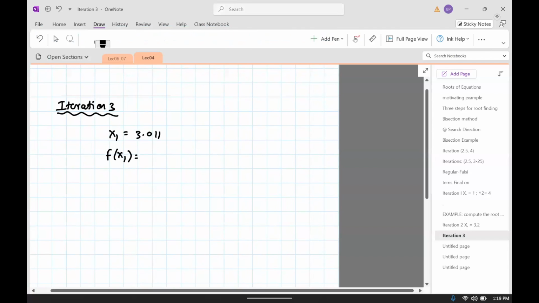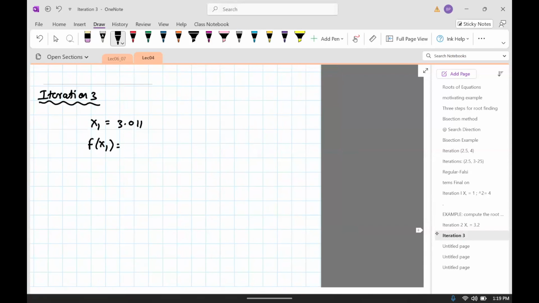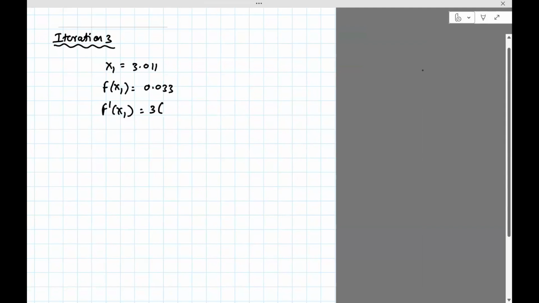From the previous page, it is 0.033. So I'm just going to use that. And then f dash of x1 is 2 times 3.011 minus 3.